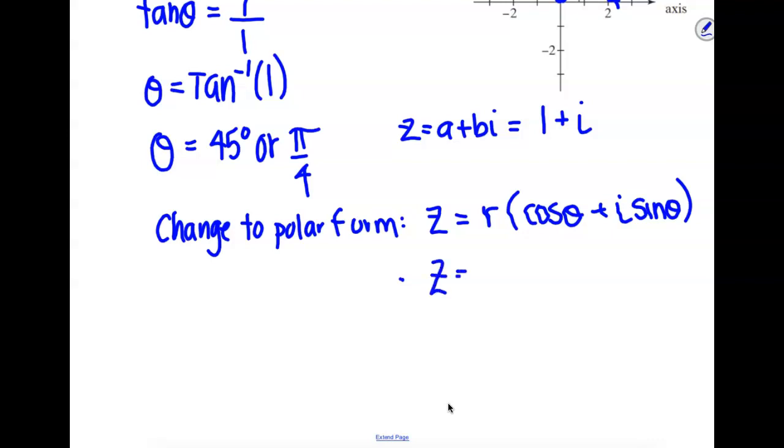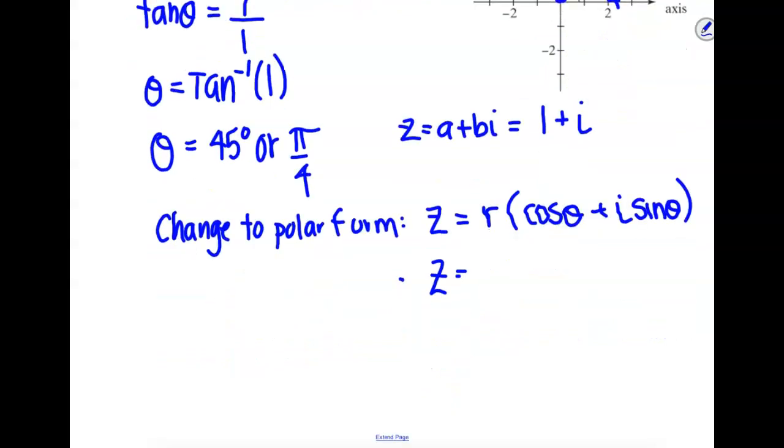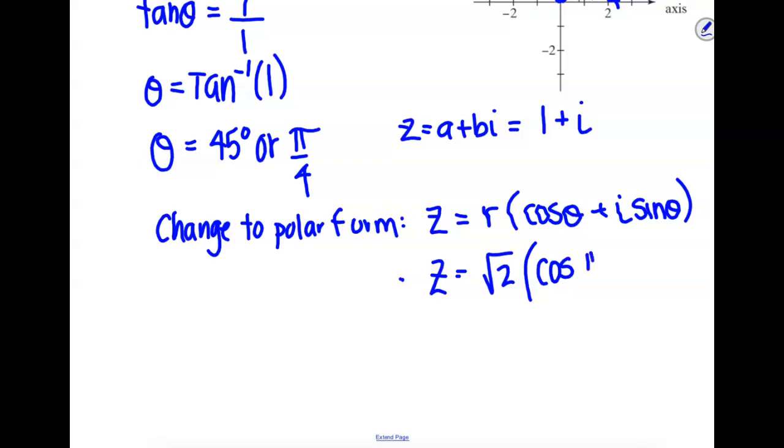That radius we found to be the square root of 2. It's the distance from the origin out to that complex number. Parentheses, cosine. The angle theta is pi over 4, so you substitute pi over 4 in. Plus i sine of that angle, pi over 4. So this is our complex number in polar form.